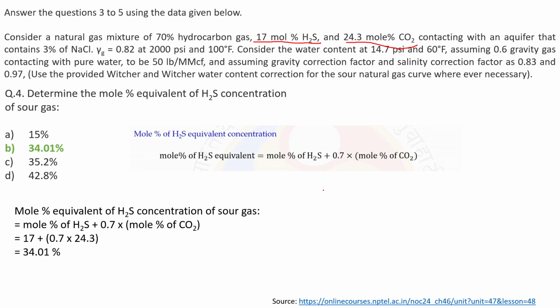So these two values are known to us, and from this equation we can find the mole percent of H2S equivalent. We put the values 17 plus 0.7 times 24.3. From that we get the mole percent equivalent to H2S concentration of sour gas, that is 34.01%. So option B is the correct answer.